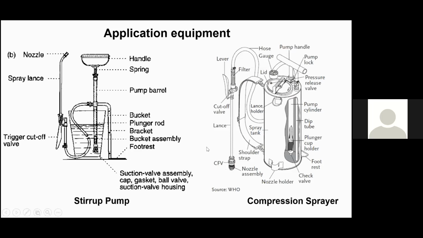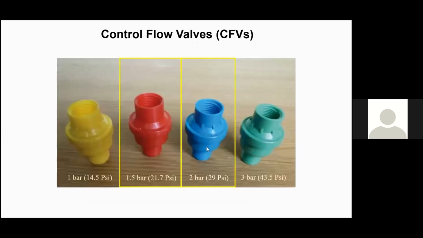So a constant flow of constant pressure is maintained at the end of the nozzle, for smooth and even spray. There are four types of valves: yellow, red, blue, and green.